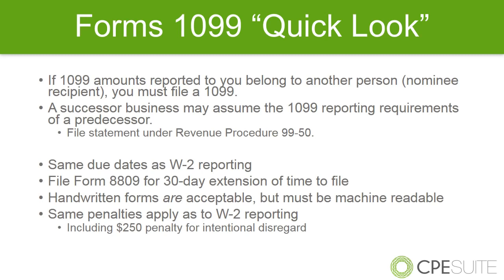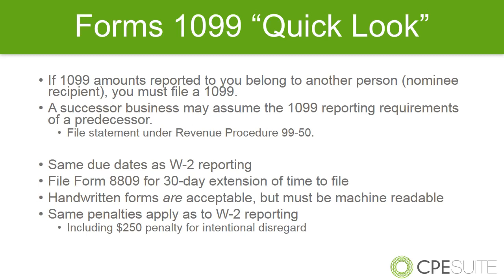So a successor business may assume the 1099 and W-2 reporting requirements of a predecessor business. So all the records from the predecessor company can be carried forward to the successor and reported under the new EIN.